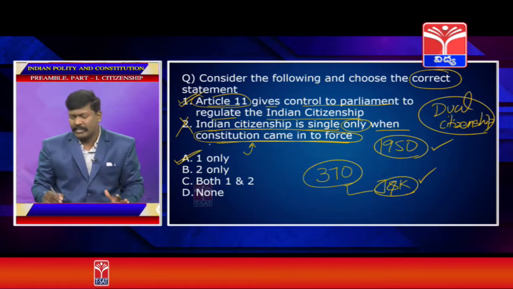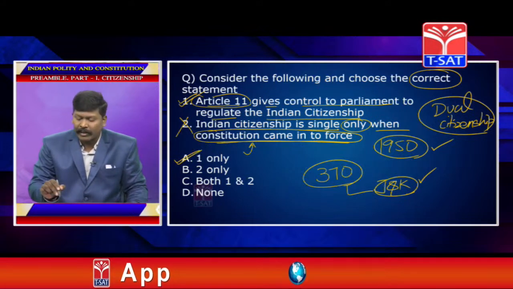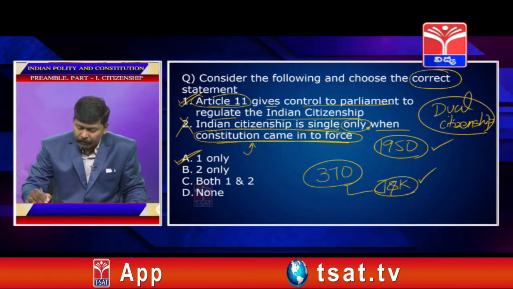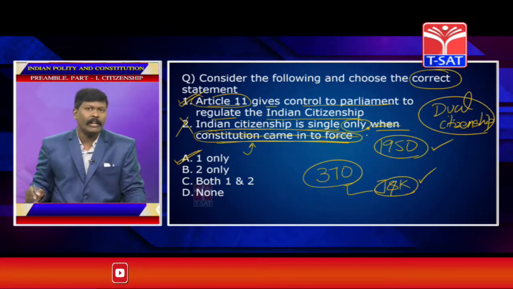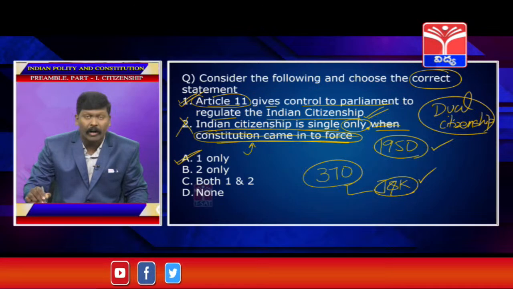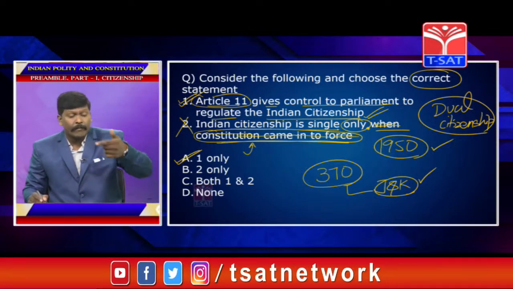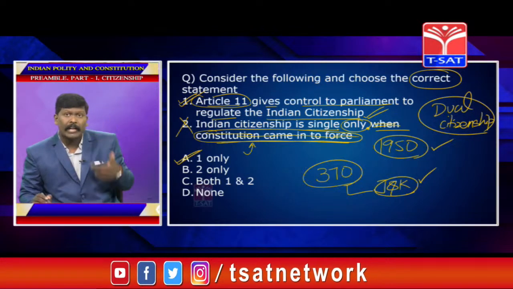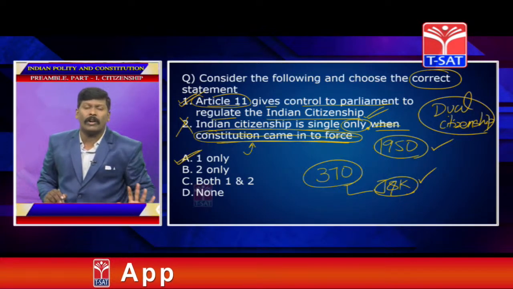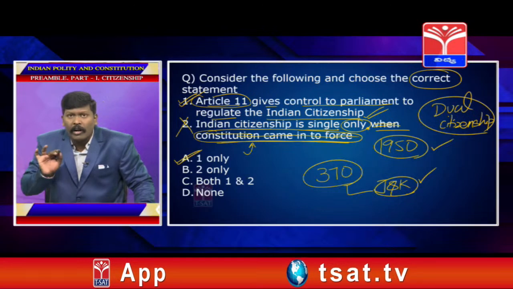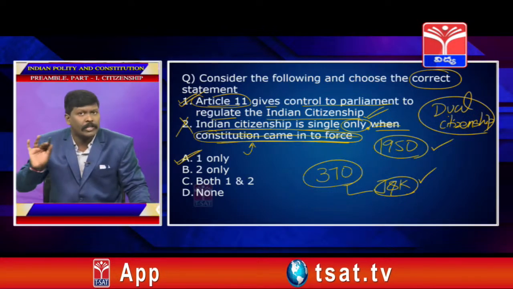Sir, suppose imagine Indian citizenship is single only. That's it. Full stop. Imagine this is not there. Then this is also a correct statement because presently Jammu and Kashmir was made completely part of India and the entire Indian constitution is applicable to Jammu and Kashmir. So, there is no concept of dual citizenship in Jammu and Kashmir now.